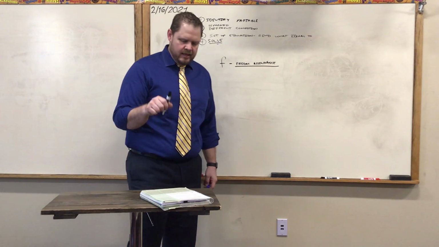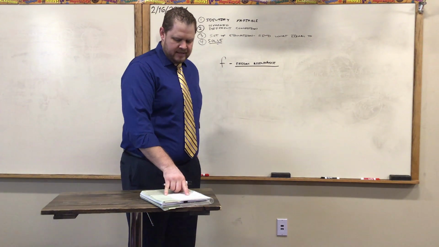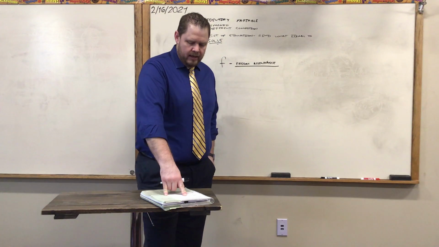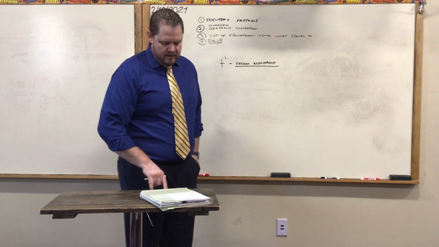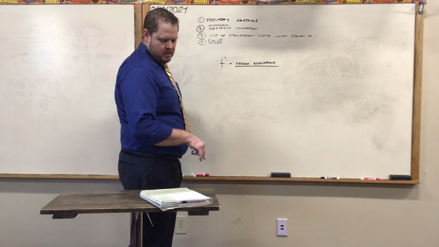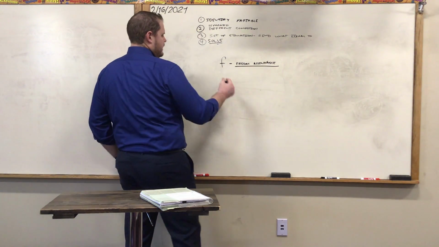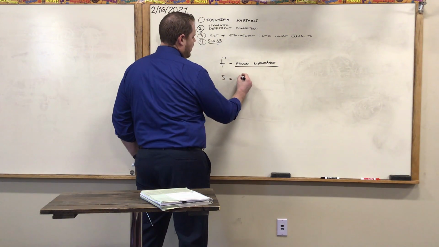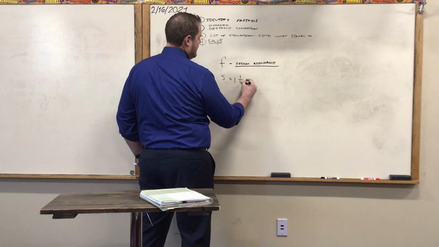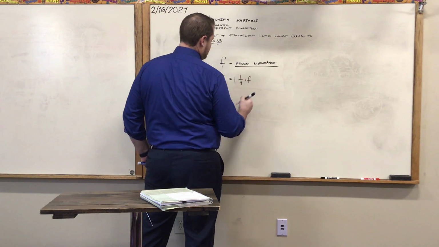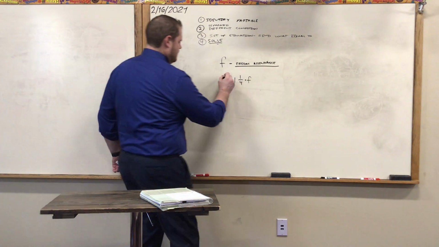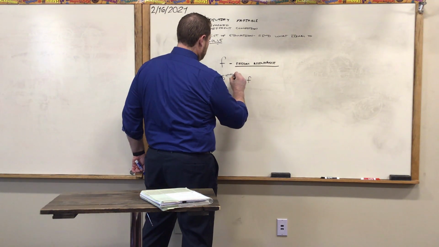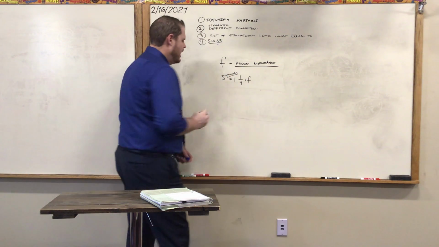If you go back and read it, it says the attendance on the Saturday night performance was 1 1/4 times the attendance on Friday night. So the Saturday attendance is 1 1/4 times F. So that's your Saturday night attendance.